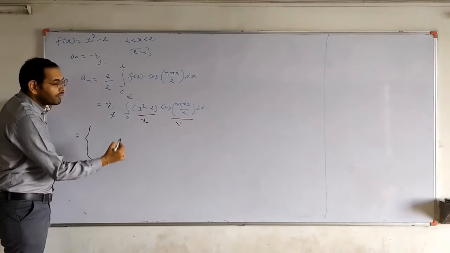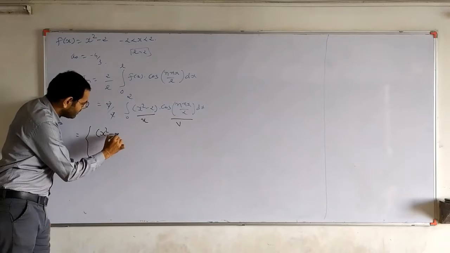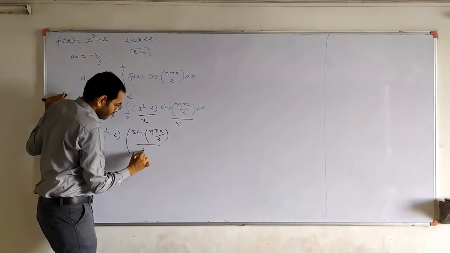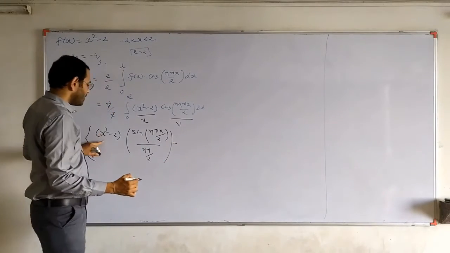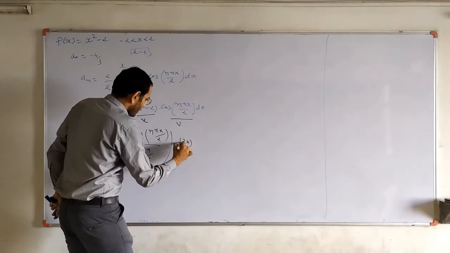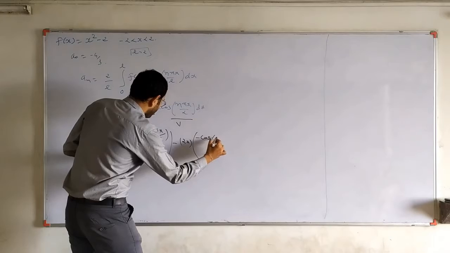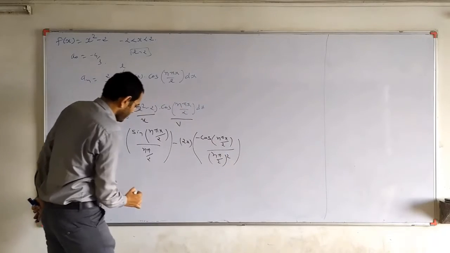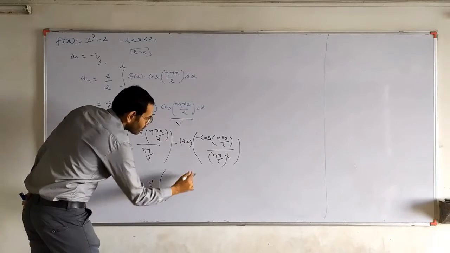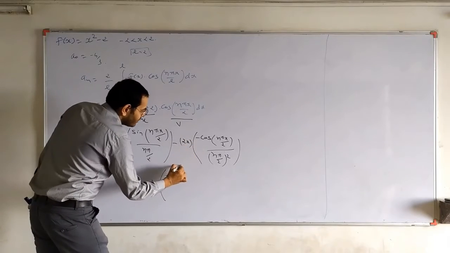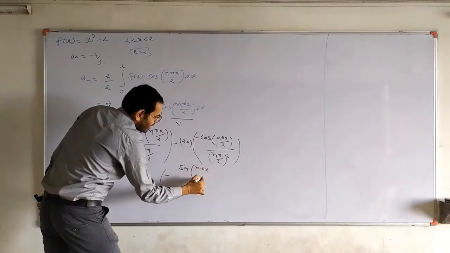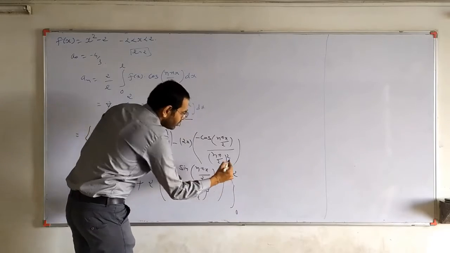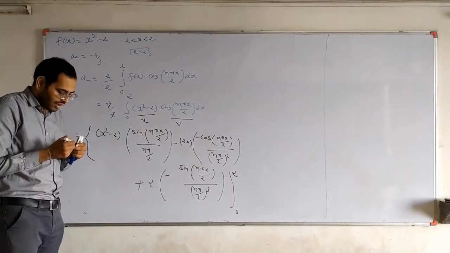With the help of the product rule: u as it is times the integral of v, that is sin(nπx/2) over nπ/2, minus the derivative of u, which is 2x, times the integral of that, minus cos(nπx/2) over (nπ/2) squared, plus the derivative of that, which is 2, times minus sin carried forward, the integral of cos, that is sin(nπx/2) over (nπ/2) cubed, from 0 to 2. Then we apply upper limit minus lower limit.